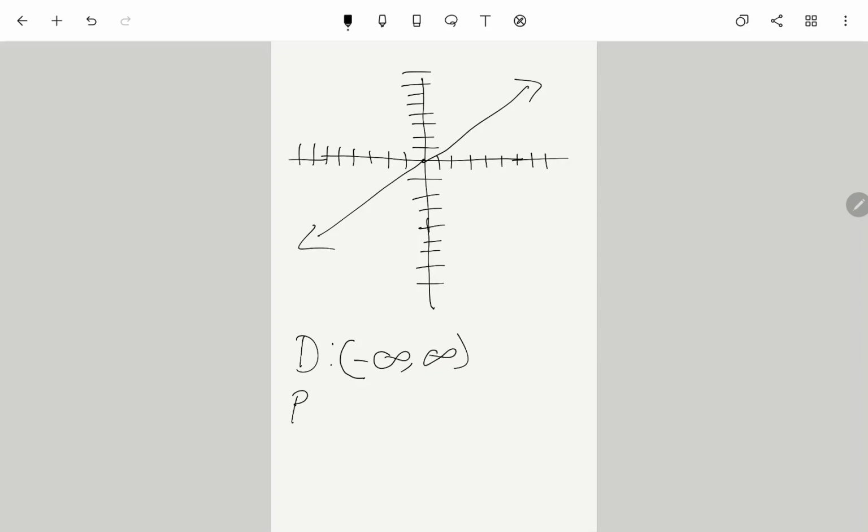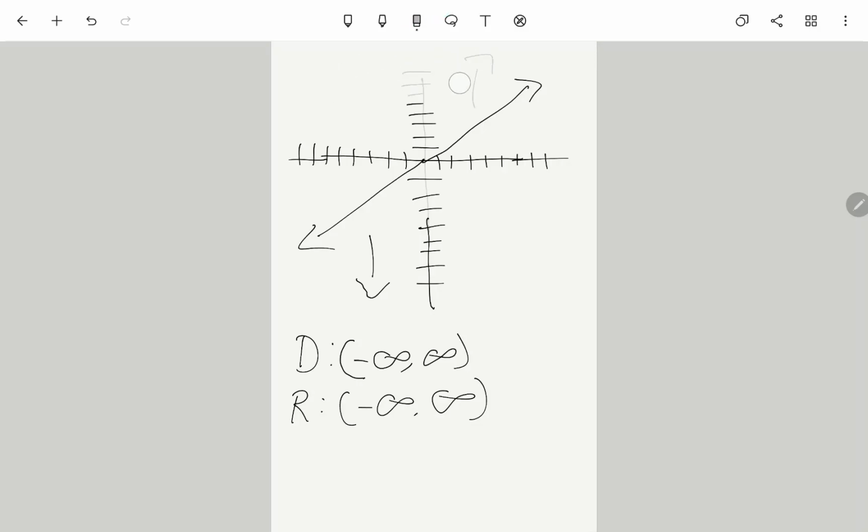And the range will be down to up, infinite numbers too, so it's negative infinity, comma, infinity.